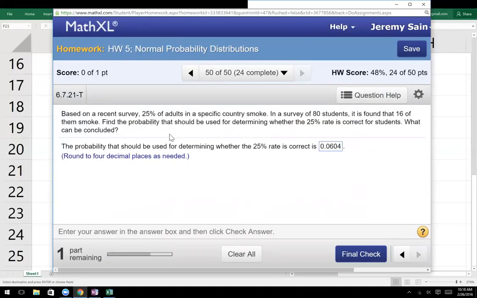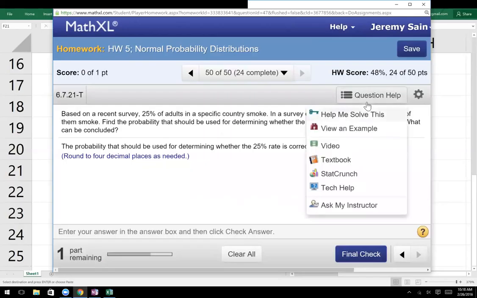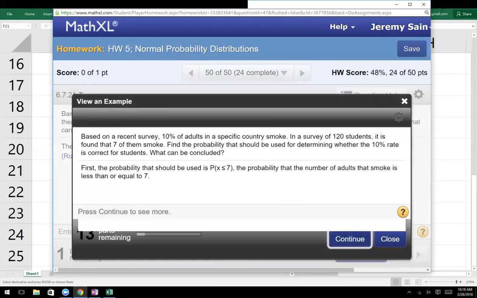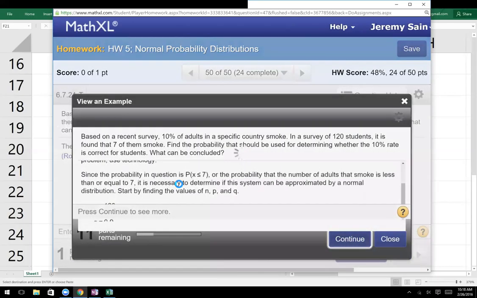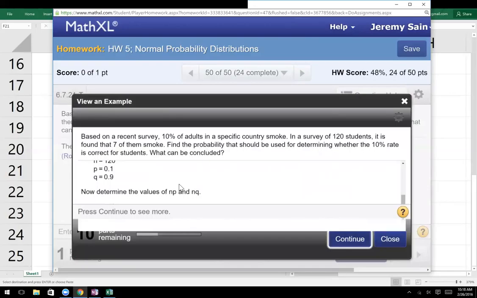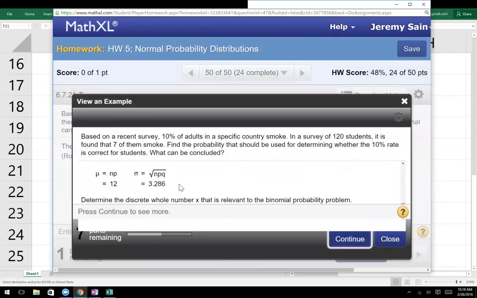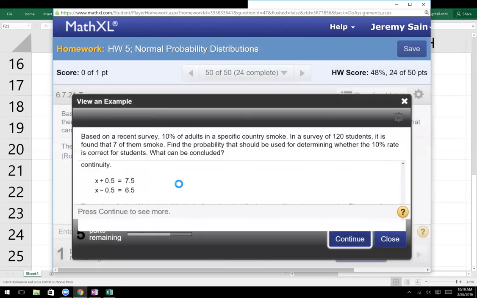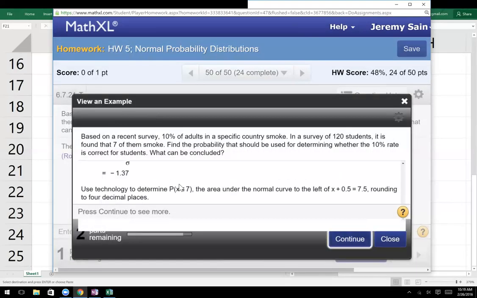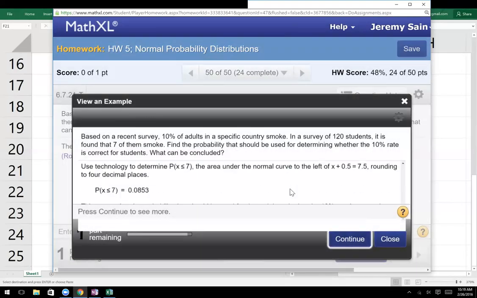Well, you just don't like this question. Yeah, they're doing the same thing we're doing.